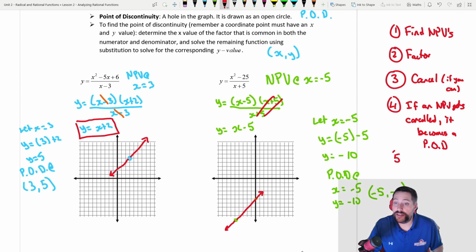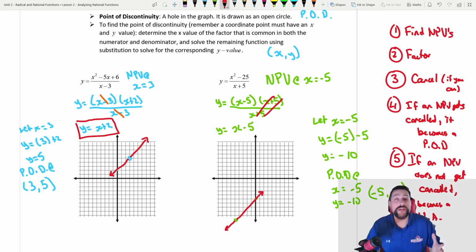If an NPV does not get canceled, it becomes a vertical asymptote. That's one thing we need to remember, okay? So if an NPV gets canceled, that number now becomes a point of discontinuity. If it doesn't get canceled, then it becomes a vertical asymptote.